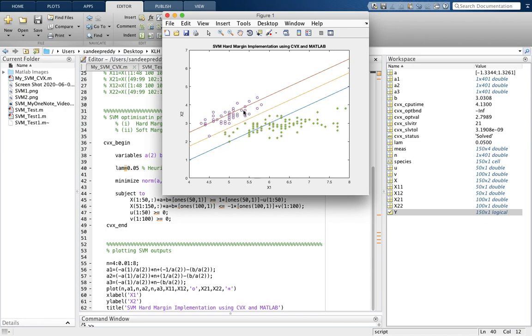You also need to note that the points are fixed. It's just that these lines are getting moved because of the optimization problem. The variables are the coefficients W and B, whereas here it is A and B. So these lines are getting adjusted as we change this lambda value.